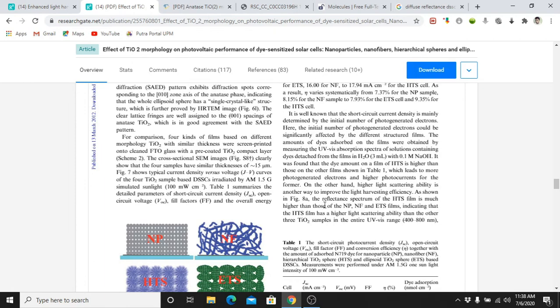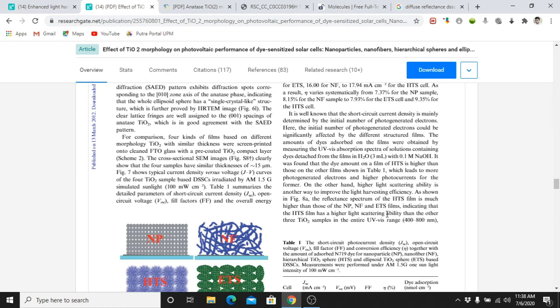Okay, here they say that as shown in figure 8A, the reflectance spectrum of the HTS hierarchical spheres film is much higher than those of the NP nanoparticle, NF nanofiber, and ETS films, indicating that the HTS film has higher light scattering ability.